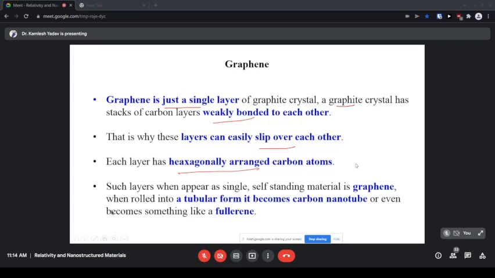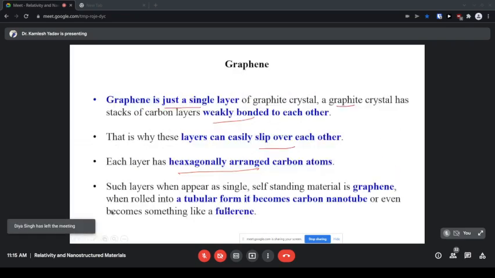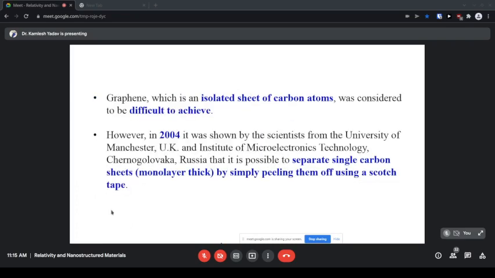If you roll that graphene in a tubular form, that will be a carbon nanotube. And if you roll it so that it becomes a spherical particle, that is fullerene.